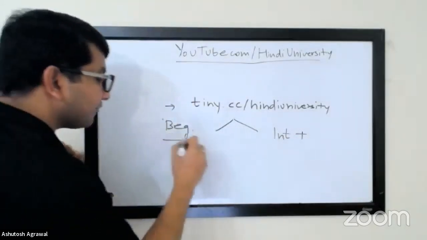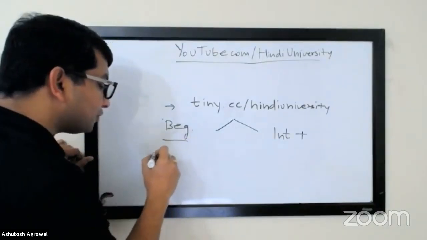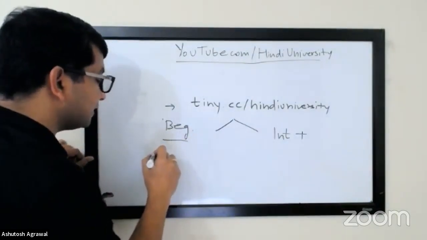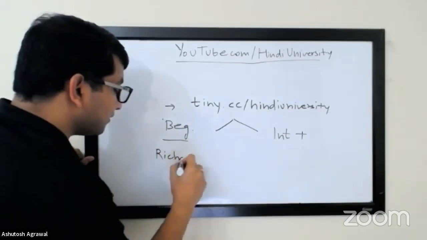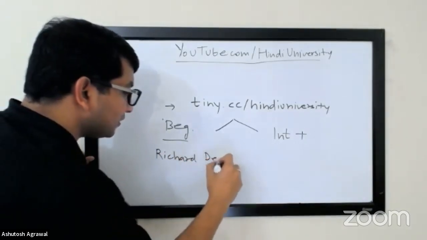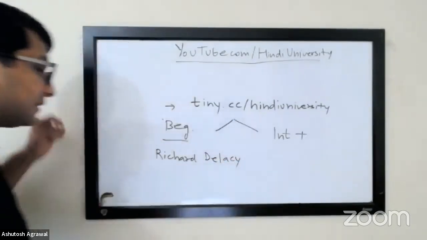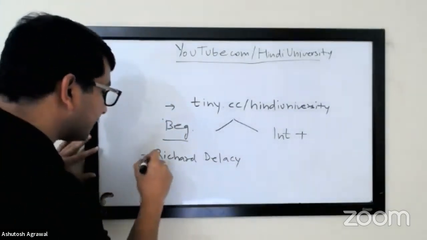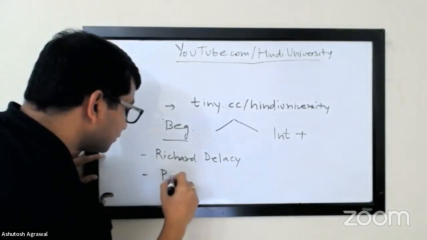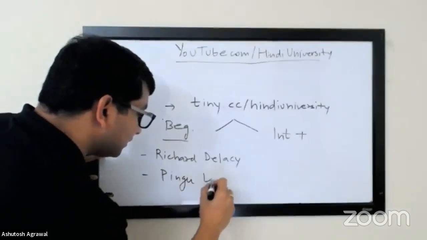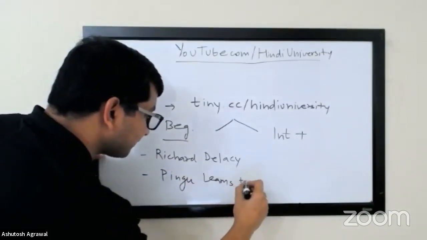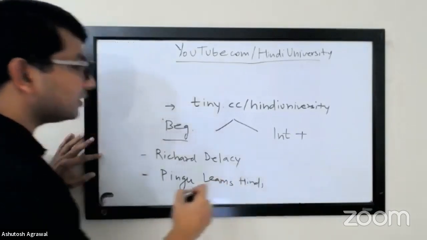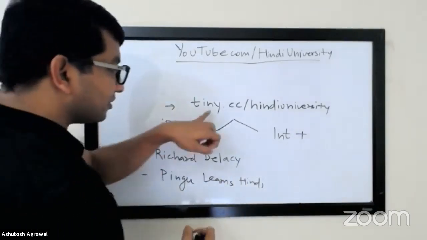For the beginners, we are focusing on two books. The first one is Elementary Hindi by Professor Richard Delacy, a professor at Harvard University. The second book is Pingu Learns Hindi. You can find all the links to the books on this page.